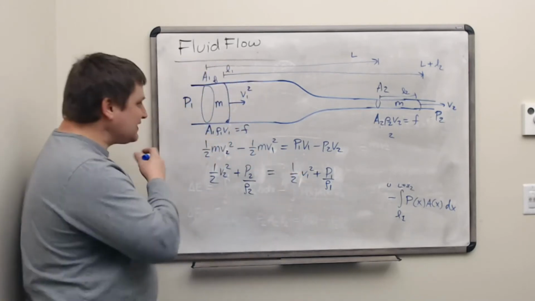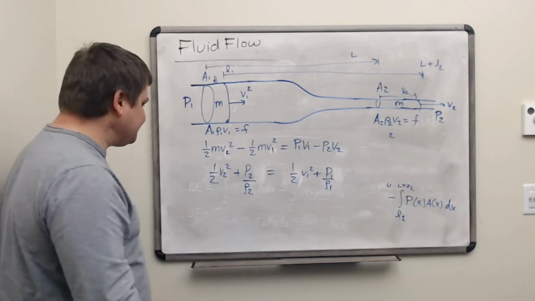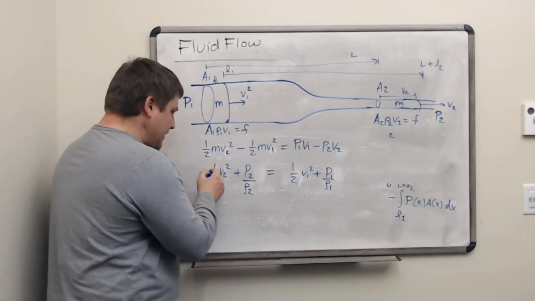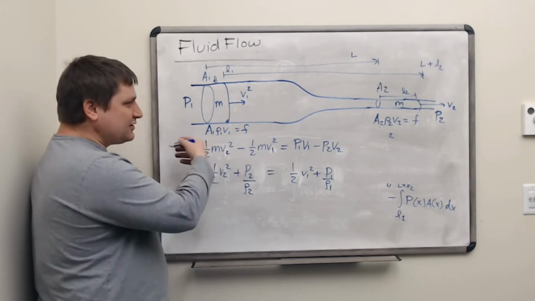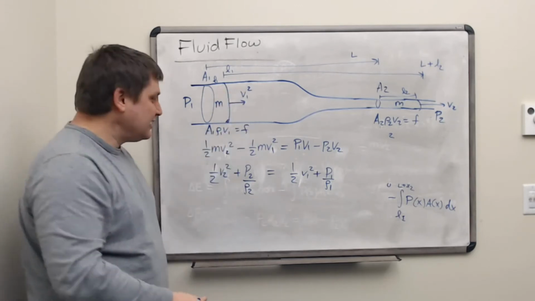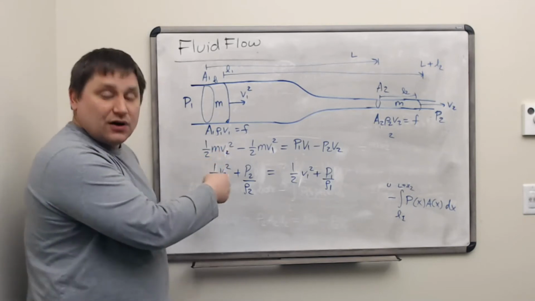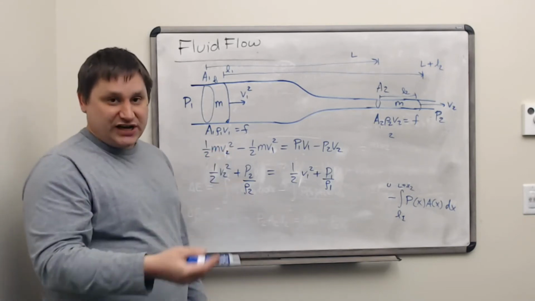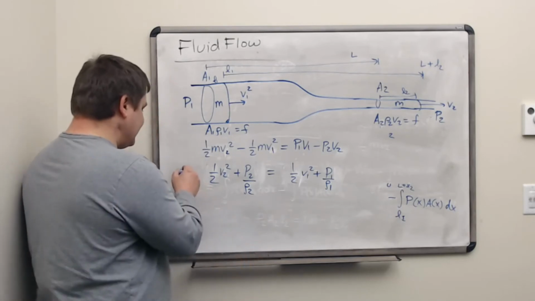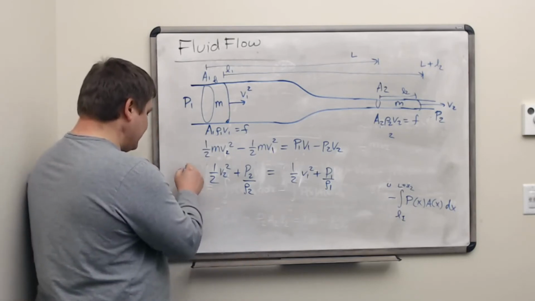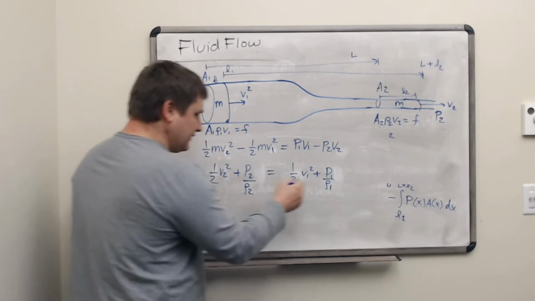at least for the case of horizontal pipes. Right? If we had a vertical segment to our pipe and there was a change in height, then our energy expression would change from 1/2 m v squared to 1/2 m v squared plus mgh. And then we would get this height term in here, gh, on both sides.